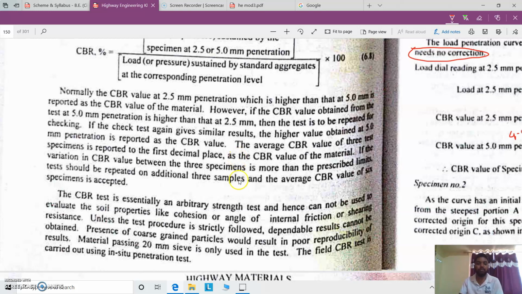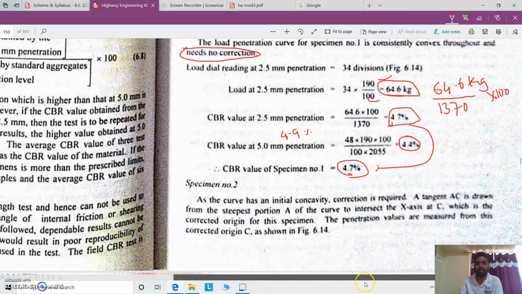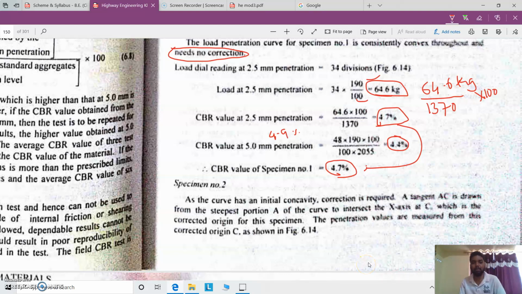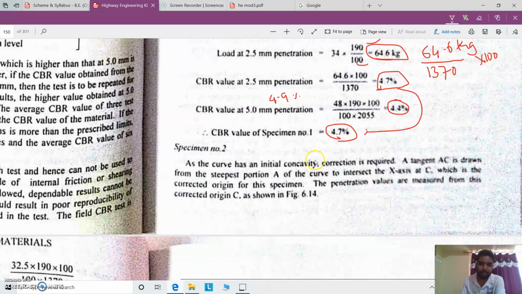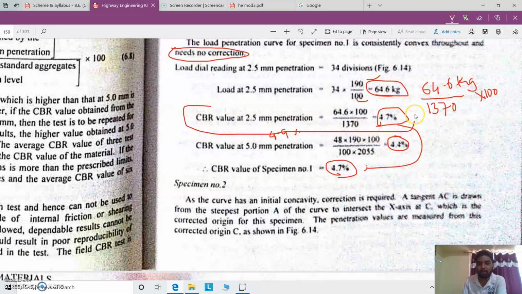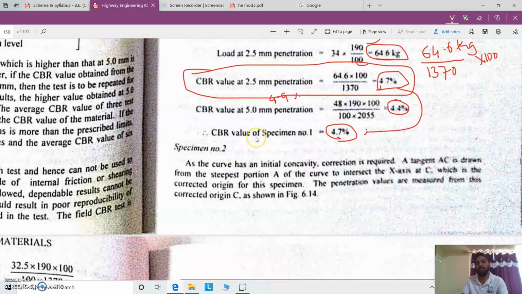That means we always need the CBR value at 2.5 mm penetration to be higher than at 5 mm penetration, right? So now we consider the CBR value for specimen 1 as the result obtained for 2.5 mm penetration, that is 4.7%. Now let's move on to specimen number 2.